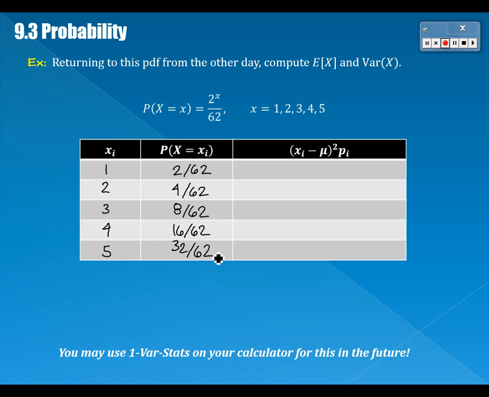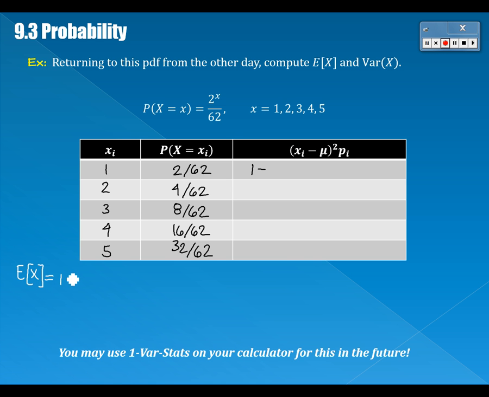All right, and then for each of these values, we can compute the value 1 minus the mean. Uh-oh, we need the mean. How do we compute the mean? Well, let's do that off to the side real quick. The expected value, remember, is all these values times their probabilities.